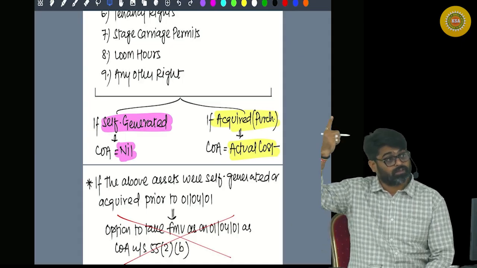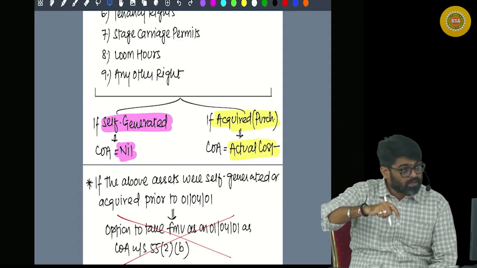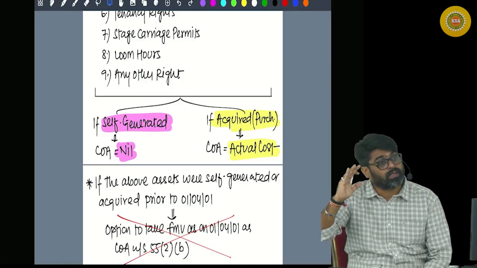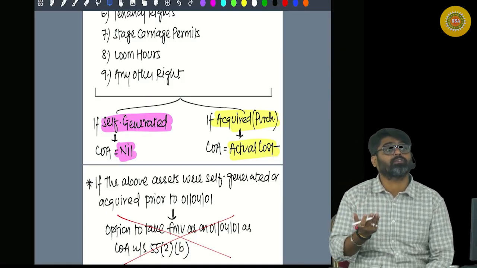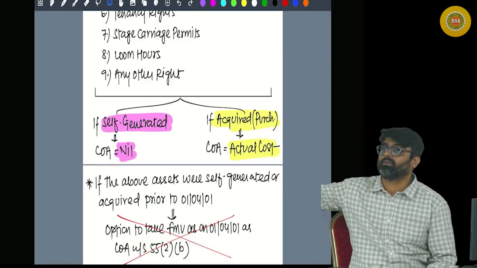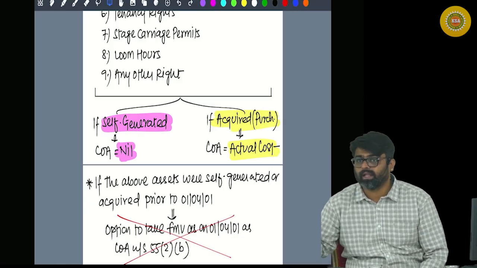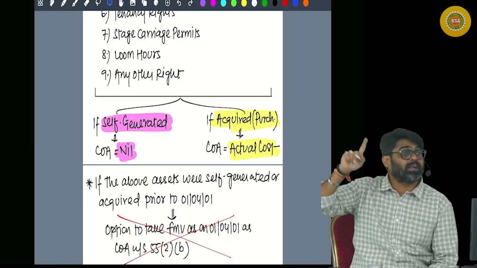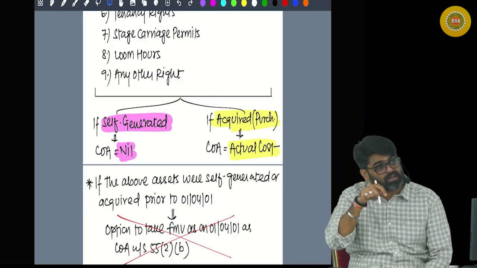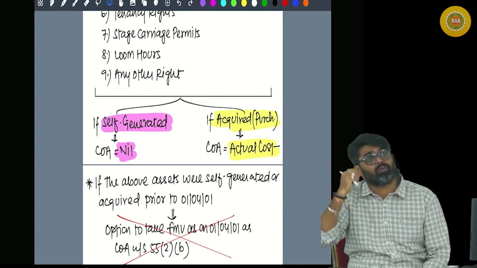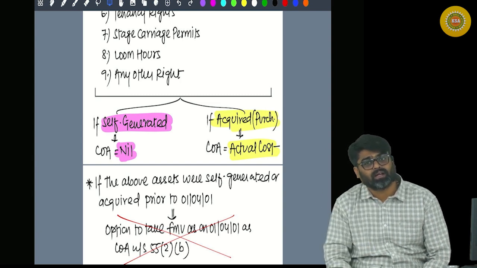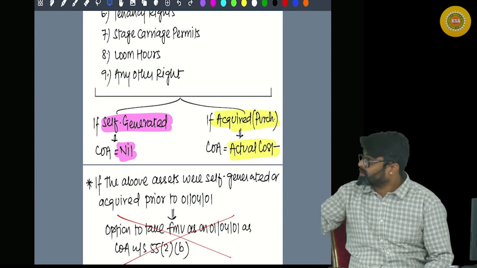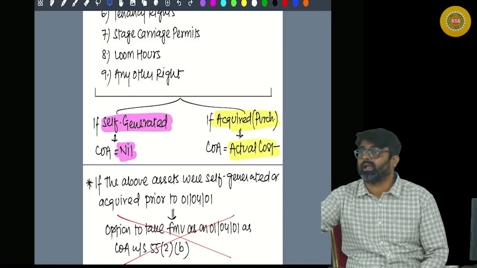From the date of acquisition till the date of transfer, if the period of holding is 36 months or less, the cost I have without any indexation. Yes or no? If the period of holding is more than 36 months, the cost I have and I will also get the indexation.